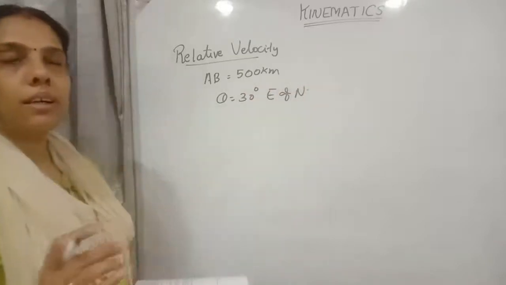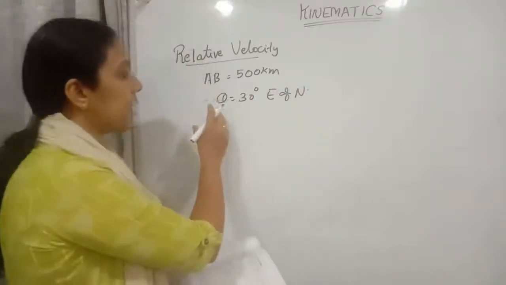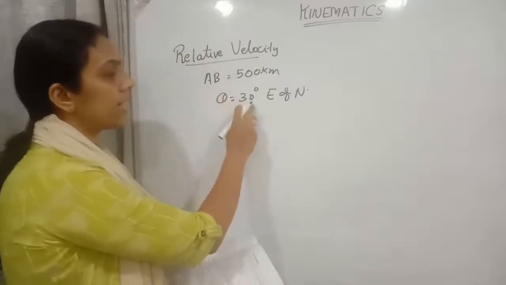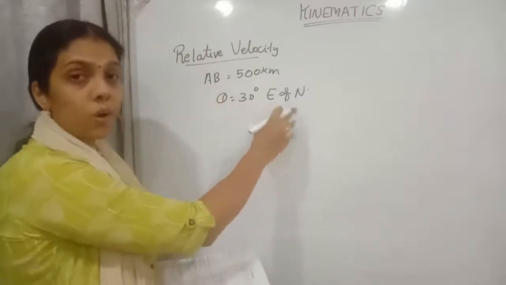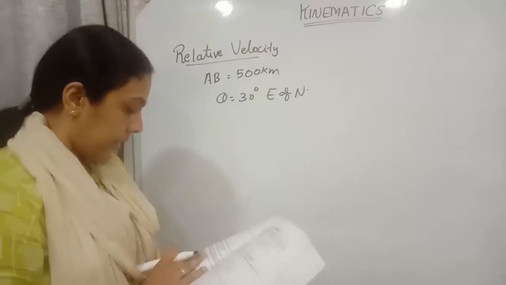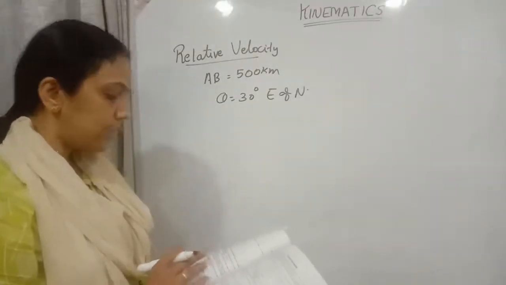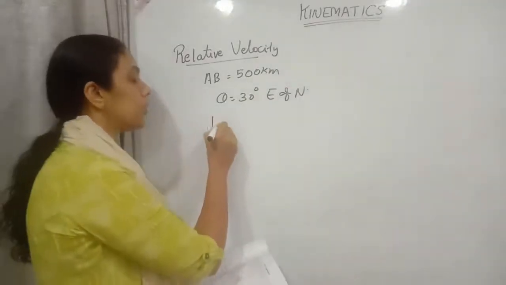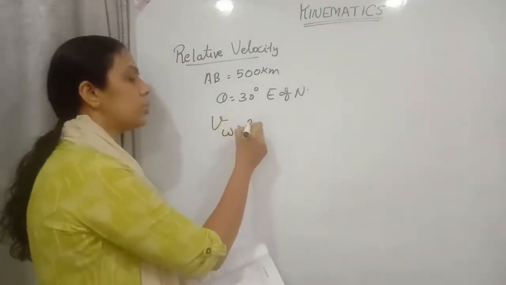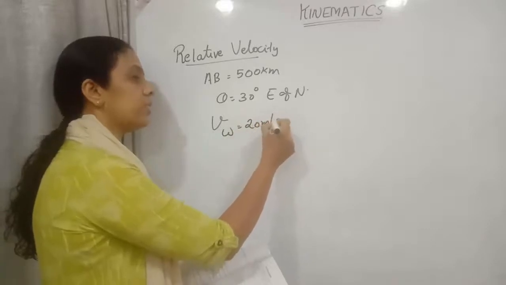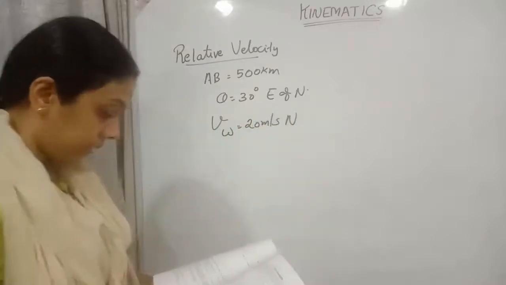So the aircraft has to go at an angle 30 degree east of north. Then wind is blowing due north at a speed of 20 meter per second. So the velocity of the wind is given as 20 meter per second towards north.